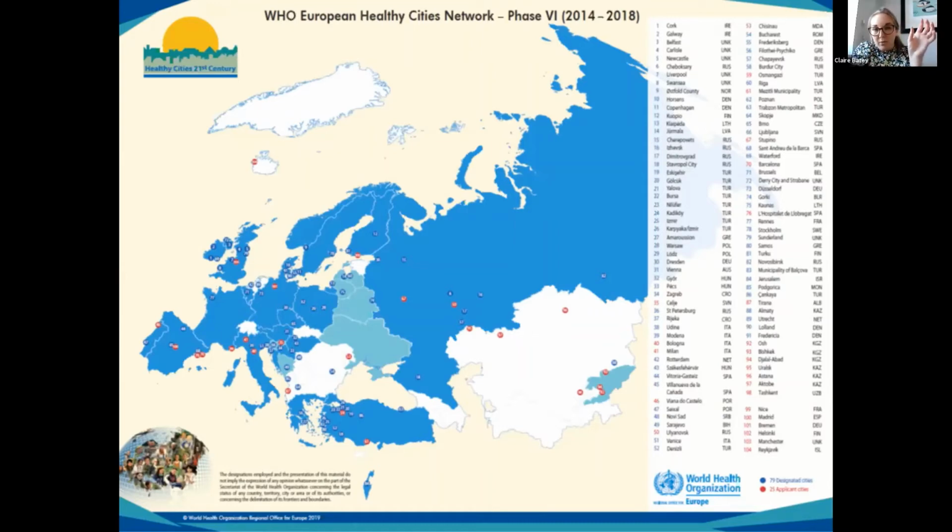So what is quite interesting about the network is you've got such a range of health systems and issues and priorities in there, and it's really useful for cities within our UK network to make those links with different ideas and systems and contexts by building relationships and exchanging knowledge.